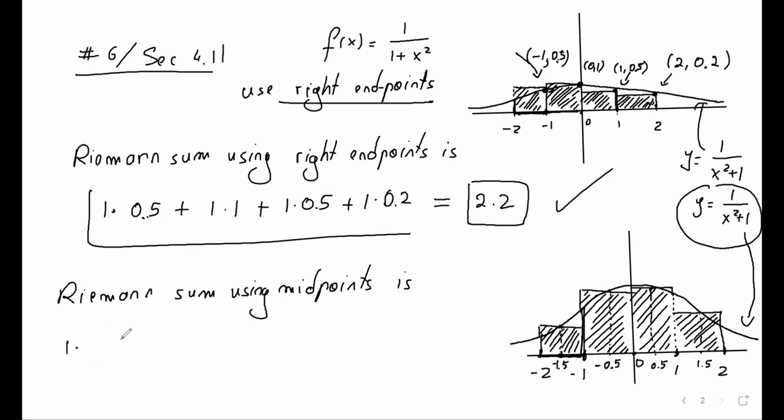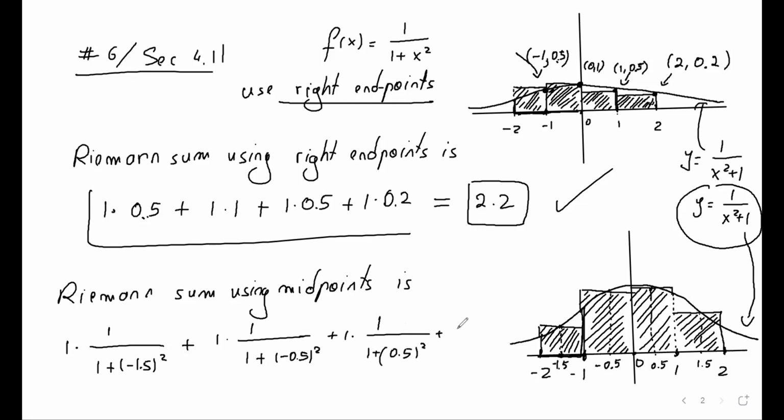So it's 1 times the value of my function at -1.5, which is 1 over 1 plus (-1.5) squared. I'm going to write it here because I can't do that in my head. Plus 1 times 1 over 1 plus (-0.5) squared, plus 1 times 1 over 1 plus 0.5 squared, plus 1 times 1 over 1 plus 1.5 squared.